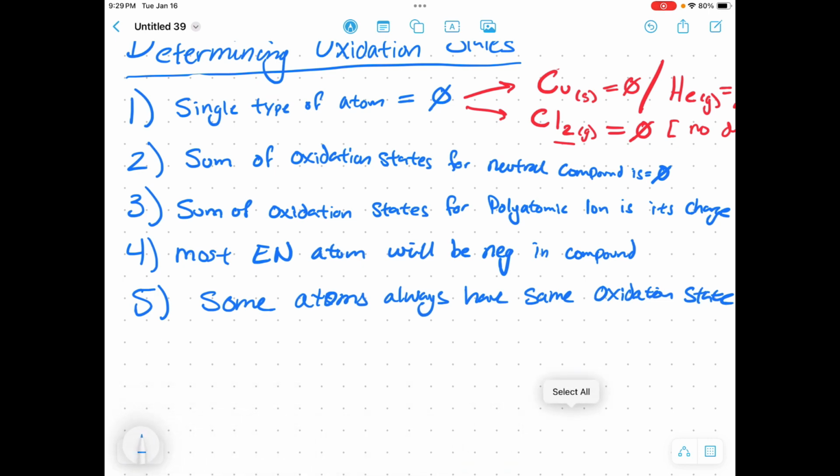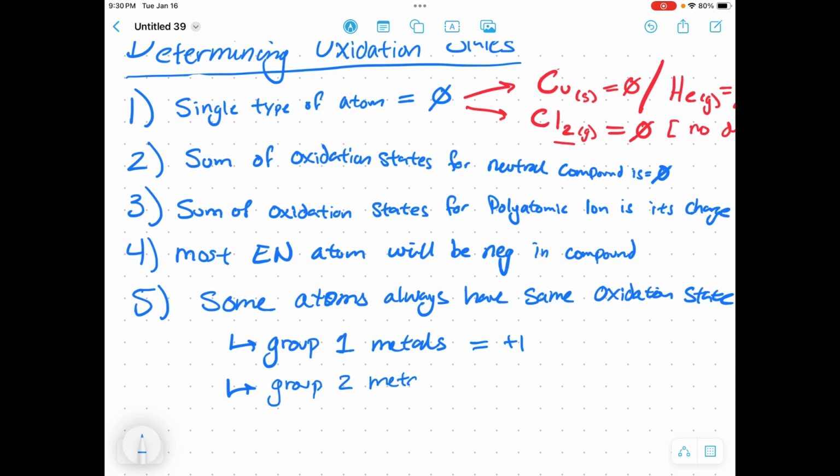So for example, some of them are going to be your group 1 metals. Group 1 metals are always going to be positive 1 because those are always going to want to lose 1 electron in a reaction. So like group 1, column 1, that's what I mean for that. Group 2 will always be positive 2.